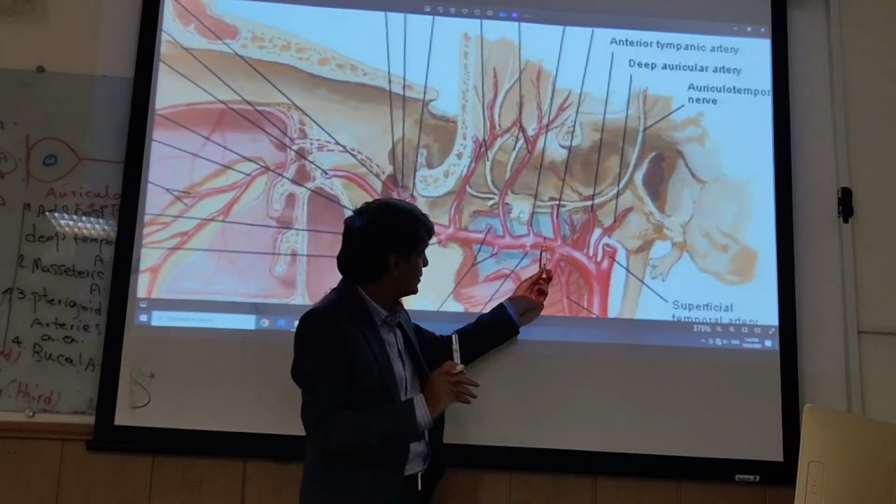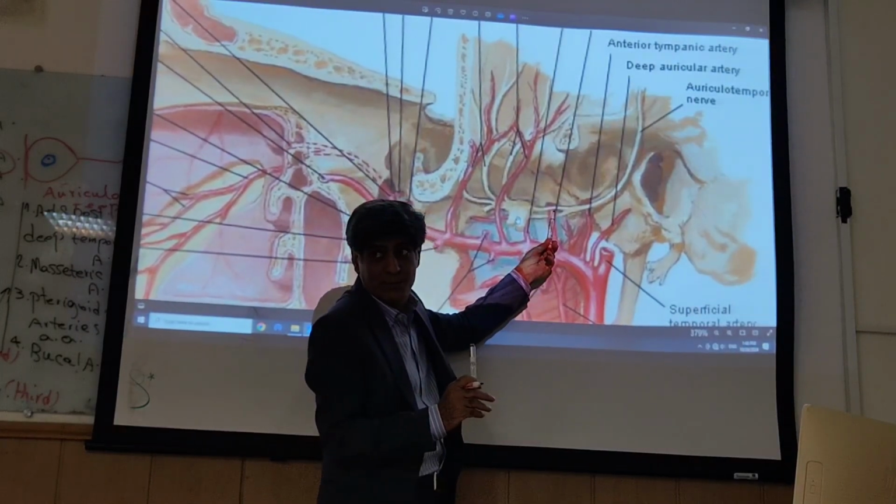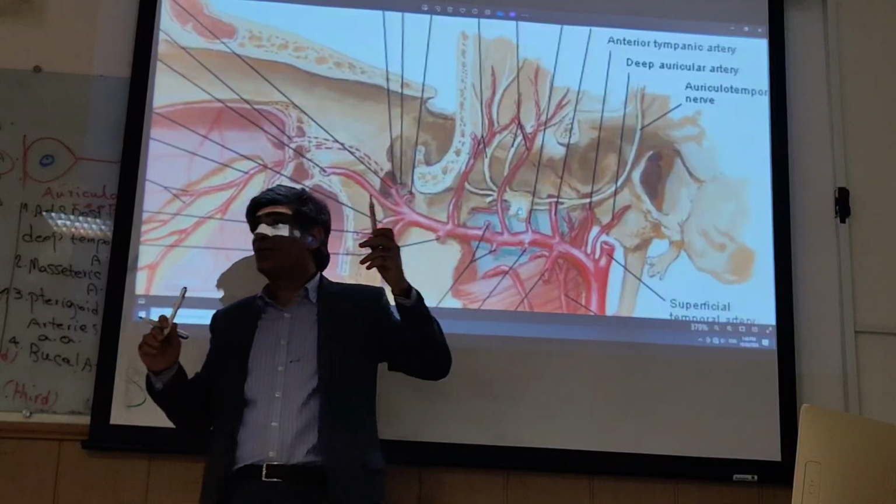The middle meningeal passes through the loop and enters which foramen?